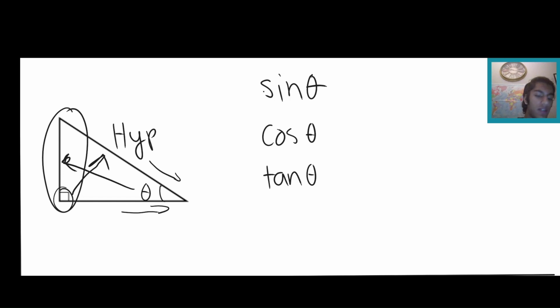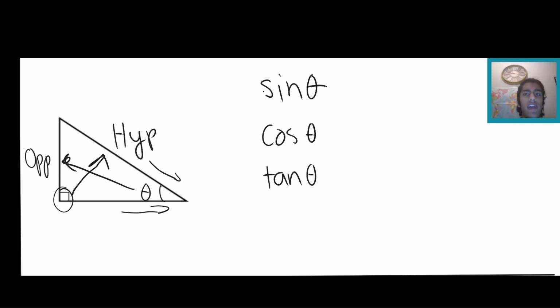So we'll name this one your opposite side. Great. And the final one that leaves us with is the adjacent side, which is right next to, bordering the theta. So we'll name that the adjacent side.